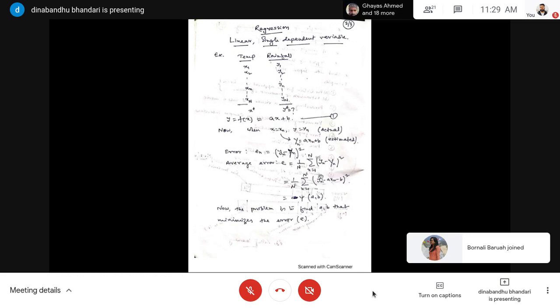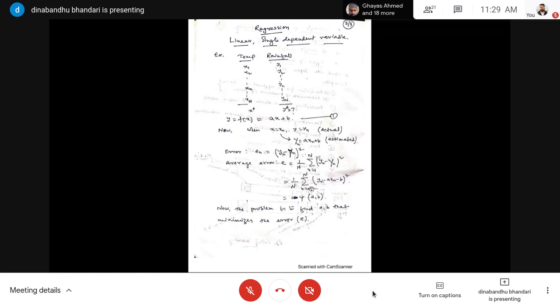When this error is minimum, obviously that function will give us the best fit mapping between temperature and rainfall. That is very clear, right? So now our objective is to find A and B, the two parameters that minimize the error E. So that's what our job is. I hope this is clear.